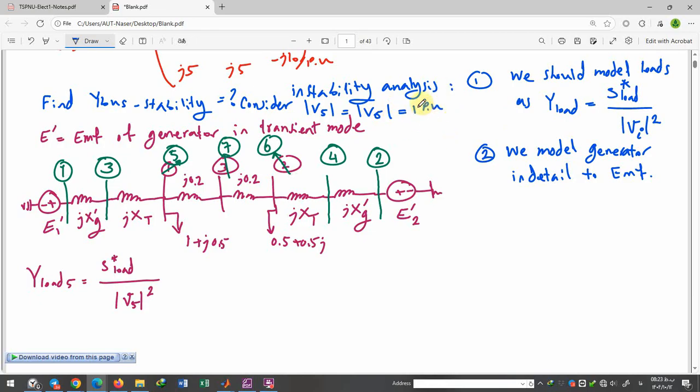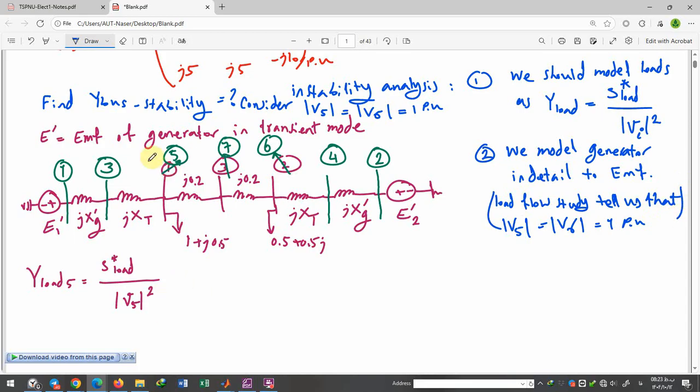The main question gives you this information, and this information comes out from the load flow study. The load flow study tells us that the magnitude of voltage 5 and V6 is equal to 1 per unit.